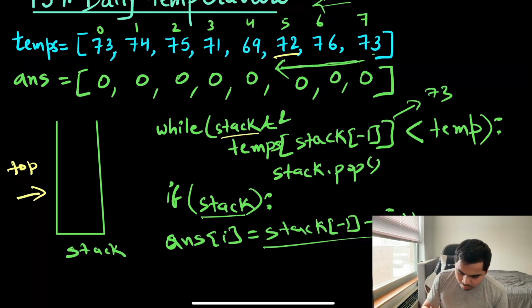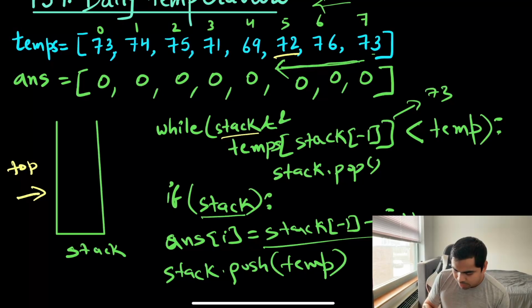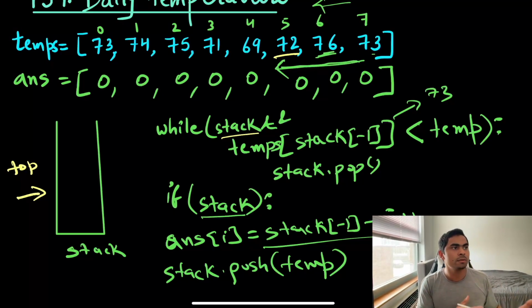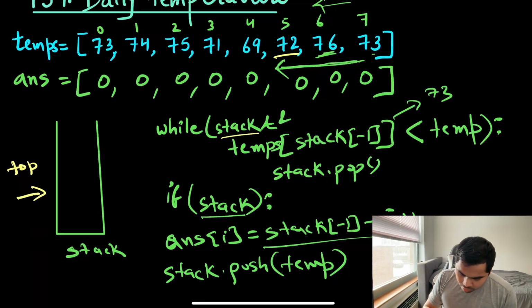By the way, before we move on here, I will push that temperature to my stack, because this could be a potential warmer temperature for my previous temperatures, the temperatures that I've seen before, which might be present in the front, although I'm traversing from back to front. So for 72, the stack is not empty because the stack right now has 76.